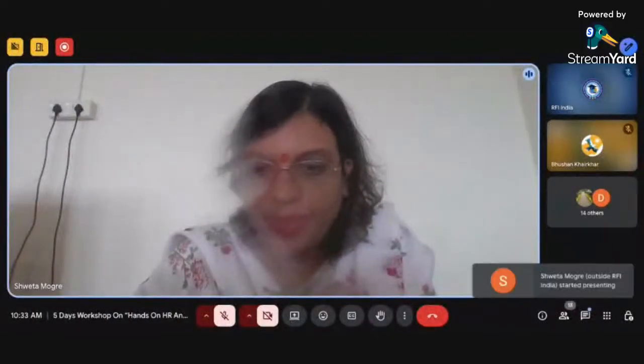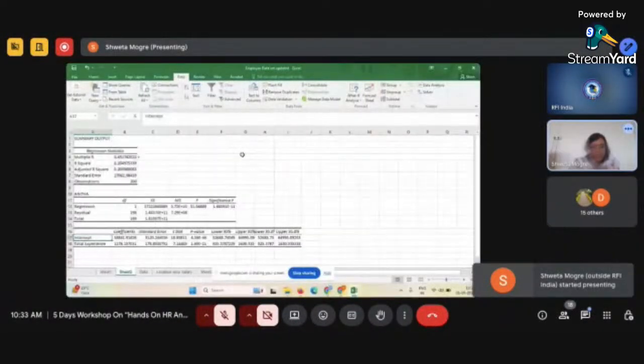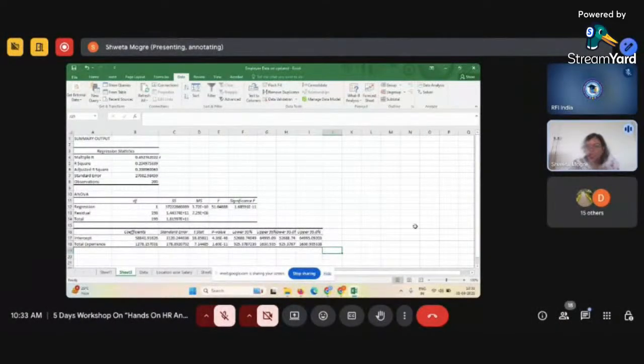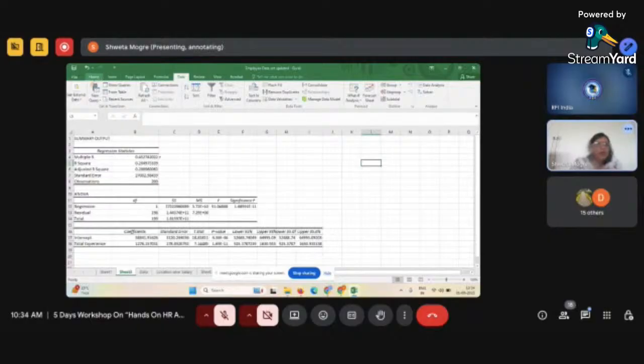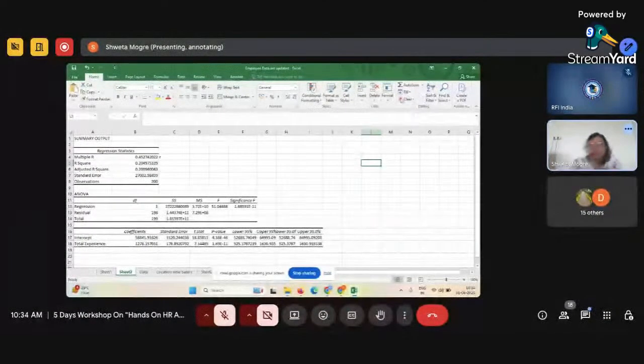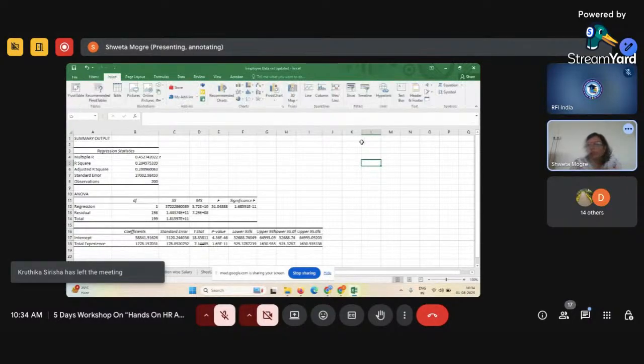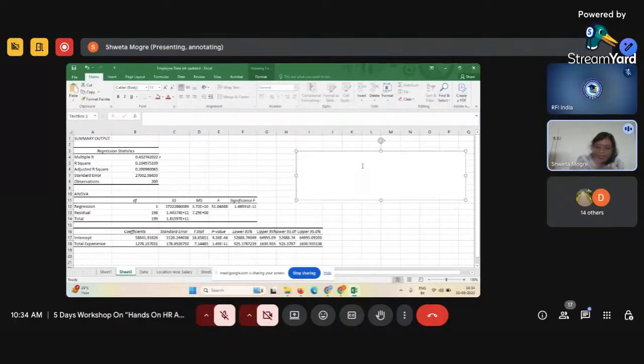I have shared my screen again. In our case, is my output window visible? Yes, ma'am. So in our case, if I wish to develop one equation, I'm writing it over here. In my case, y equal to a plus bx.